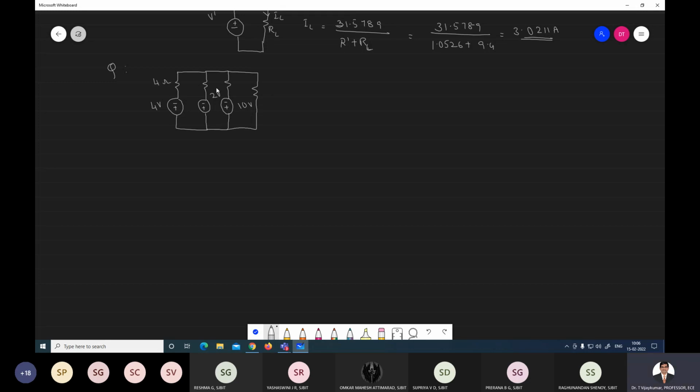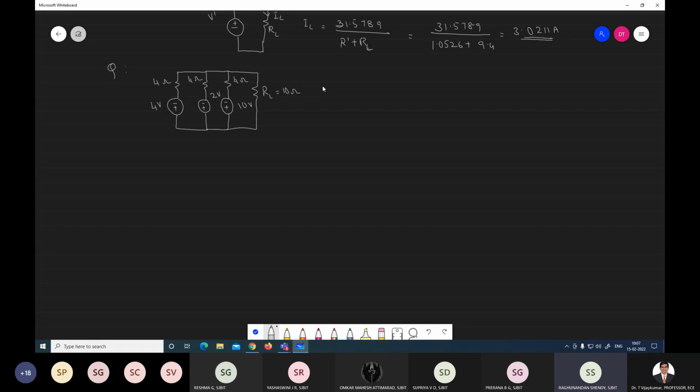This is 4 ohm, this is 4 ohm, and this is 4 ohm, and RL is equal to 10 ohm. This was asked in one exam for 10 marks.